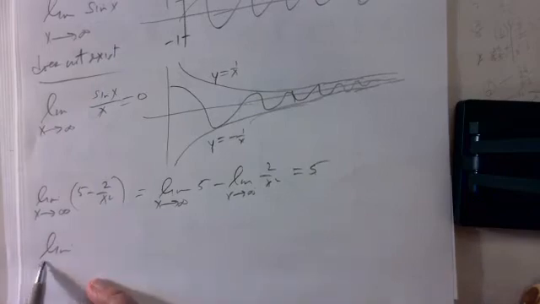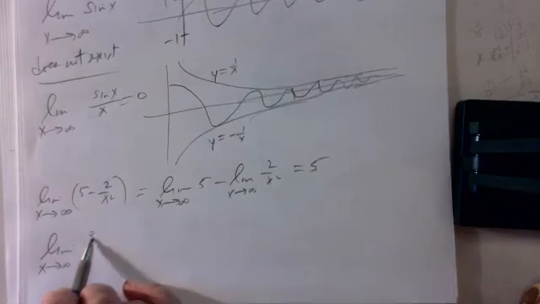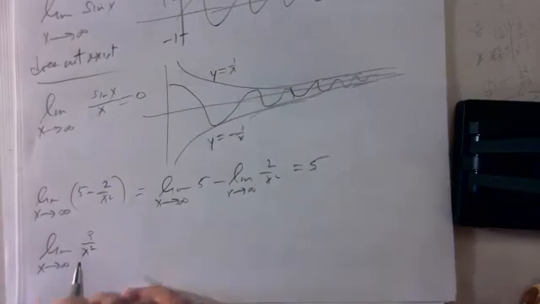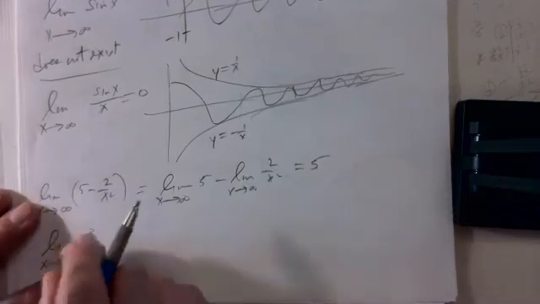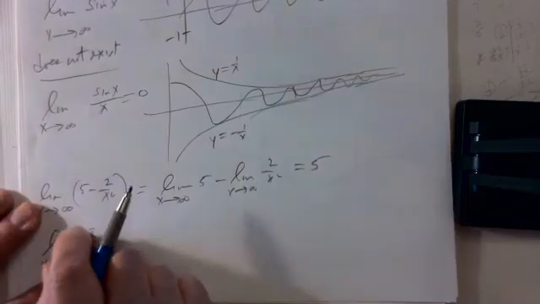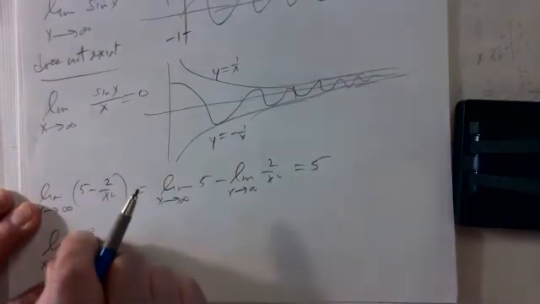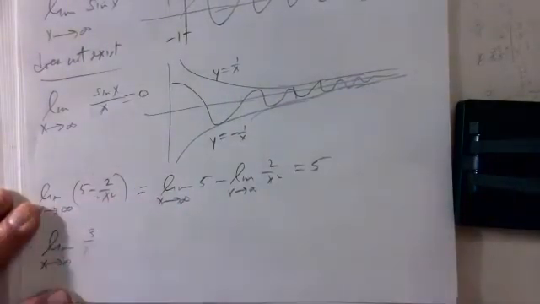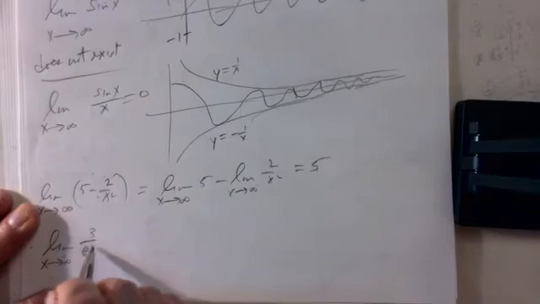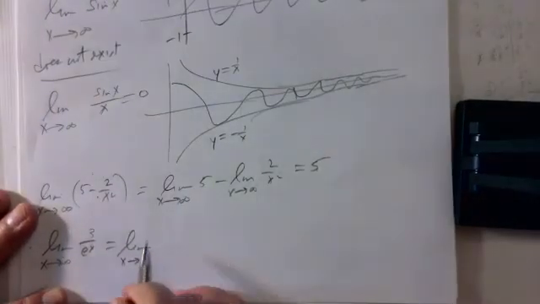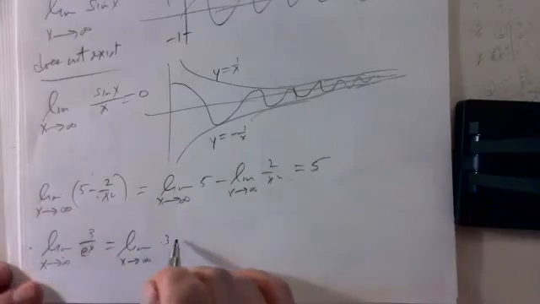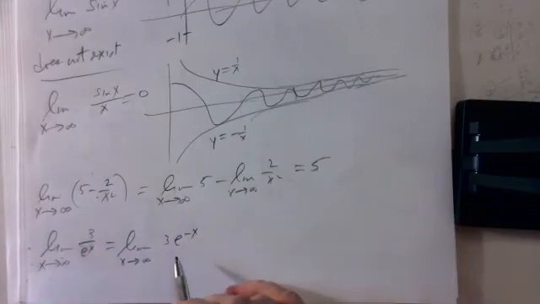What about the limit as x goes to infinity of 3 over e to the x? 1 over e to the x is e to the minus x.